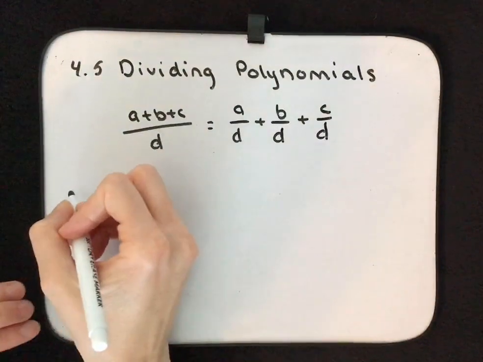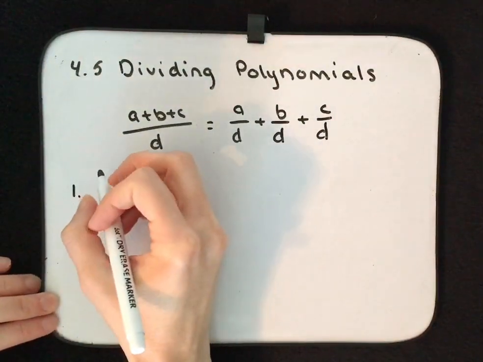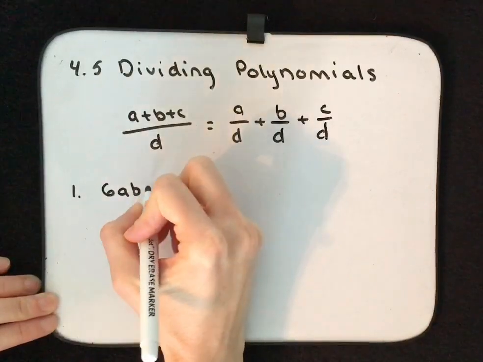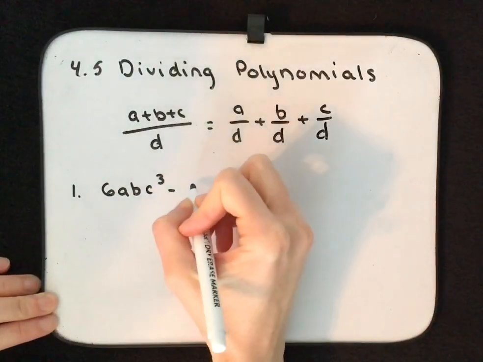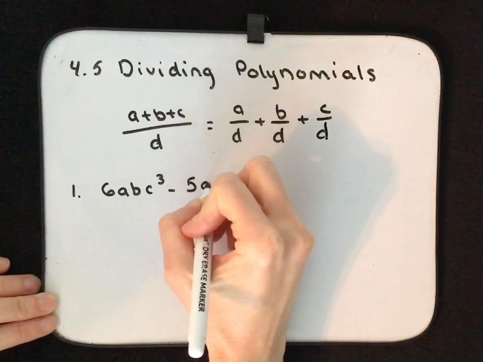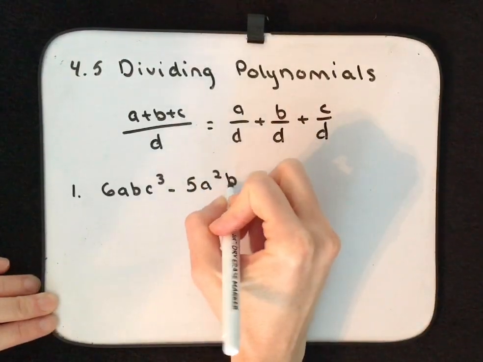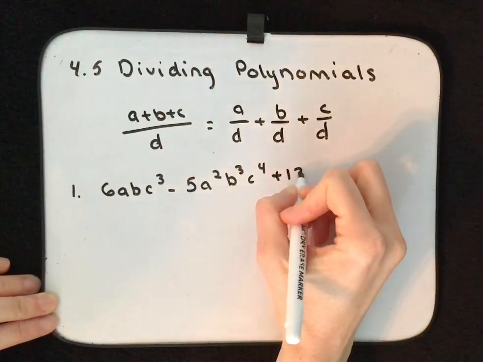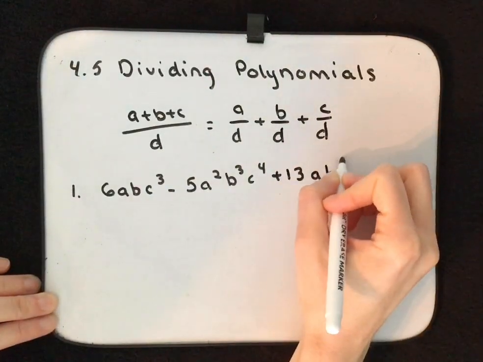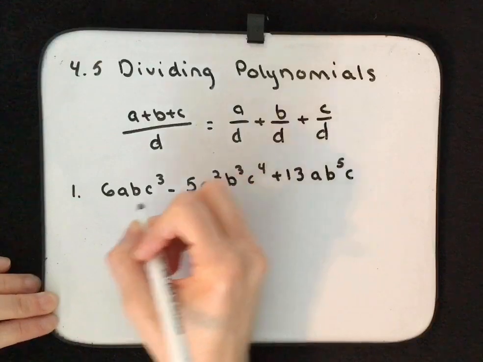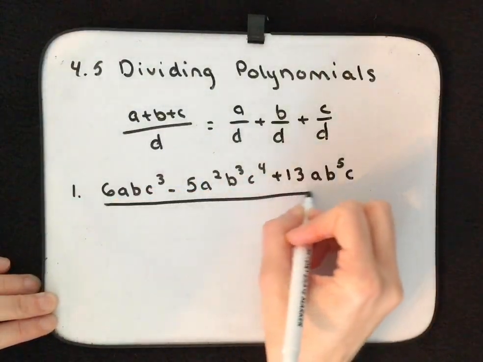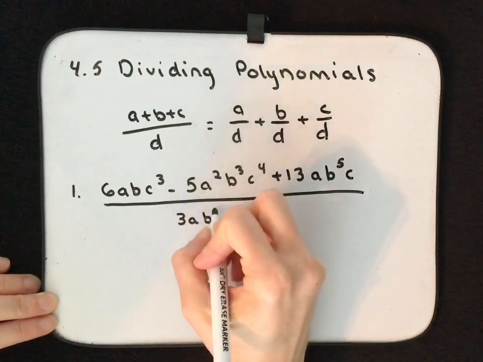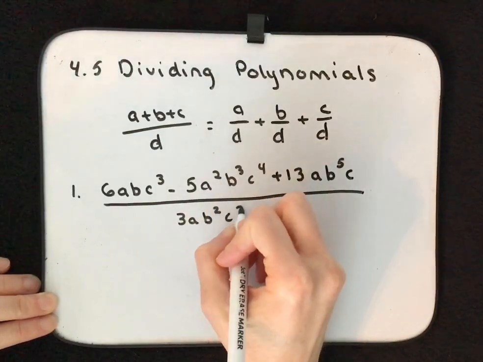So for example, if we have 6ab c to the third minus 5a to the second b to the third c to the fourth plus 13a b to the fifth c all over 3a b to the second c to the third.